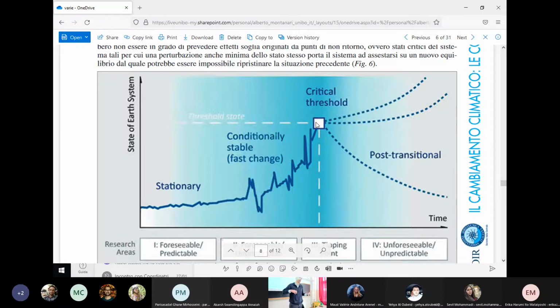The new equilibrium situation is something that is impossible to recover during the span of human generations. Of course, if you recover in geologic times, it's something that is not sustainable.